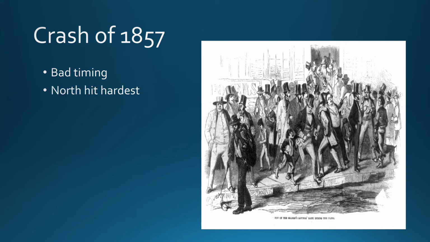The other issue is that the North will be hit the hardest, and the South will actually end up being kind of okay. Sometimes this happens where a specific region is affected more by a financial crash than another. That should be no surprise in the 1850s, given the differences of economy between the two.